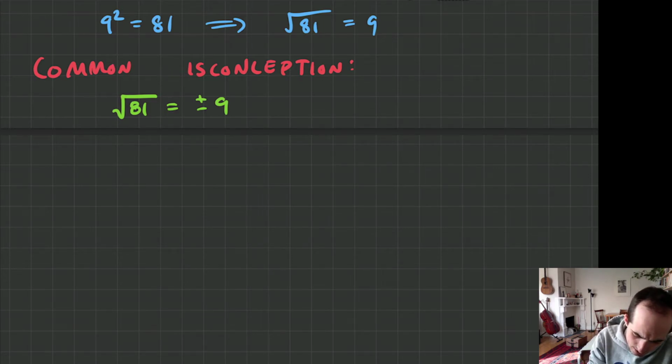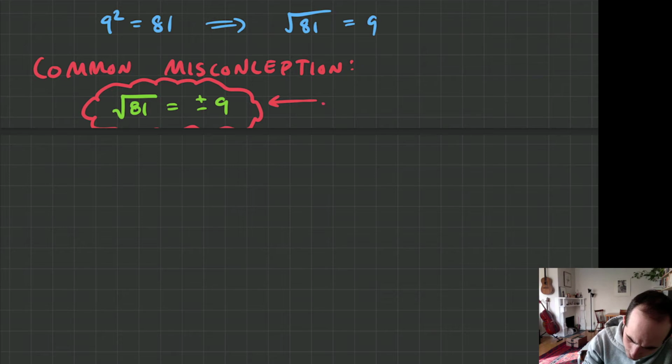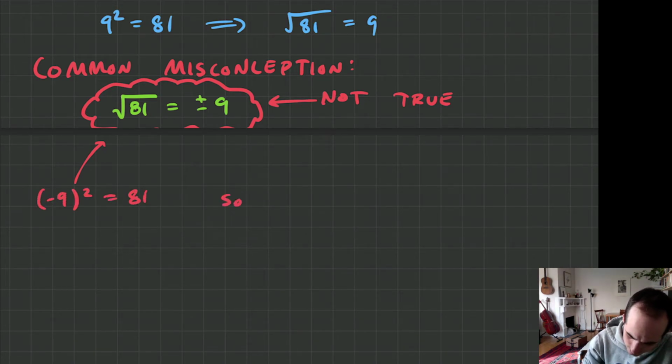So I'm just gonna put this in a red cloud here. I'm gonna write not true. So people believe that this is true because they say, okay, well, I know that negative 9 squared is 81, and also positive 9 squared is 81.